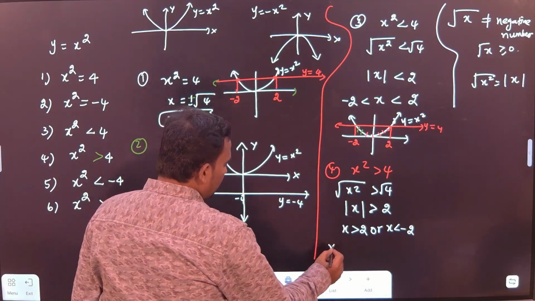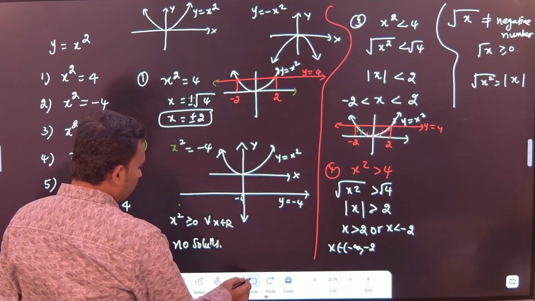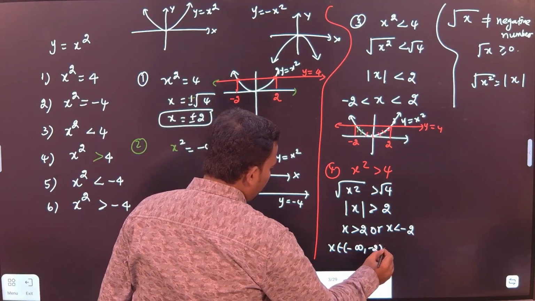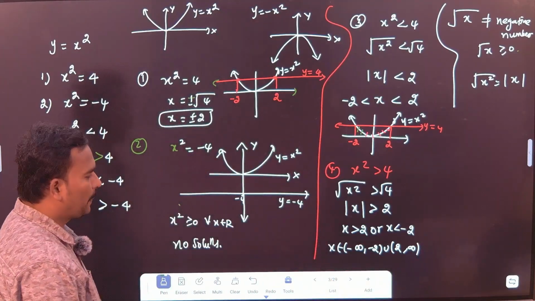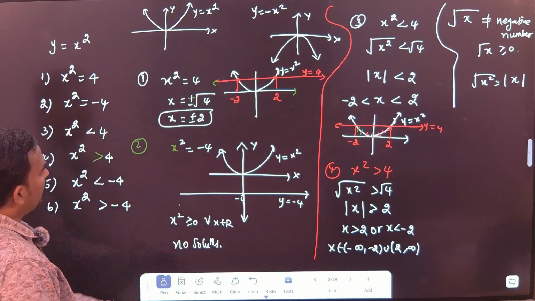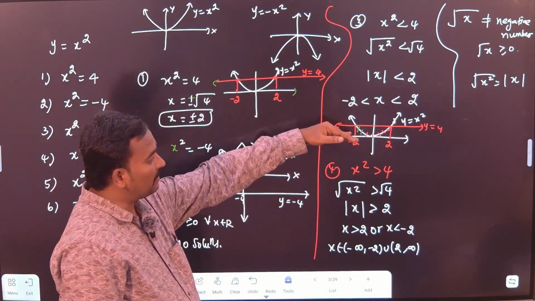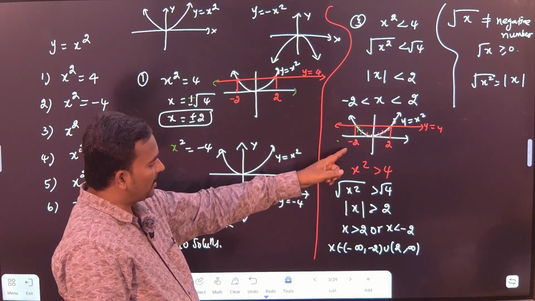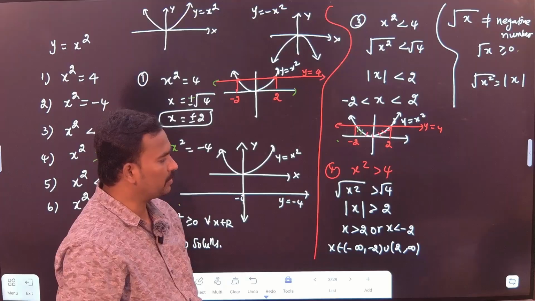That means x belongs to minus infinity to minus 2 union 2 to infinity. Okay, fine. So in the graph, x square more than 4 means you can take minus infinity to minus 2 union 2 to infinity. All these solutions are possible.